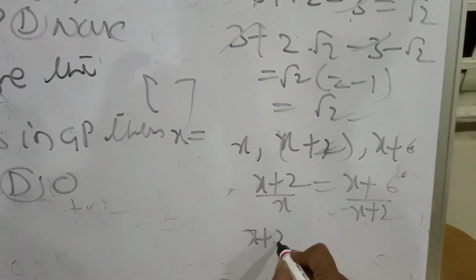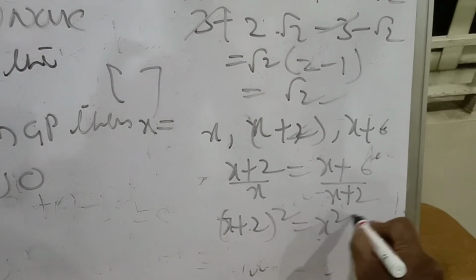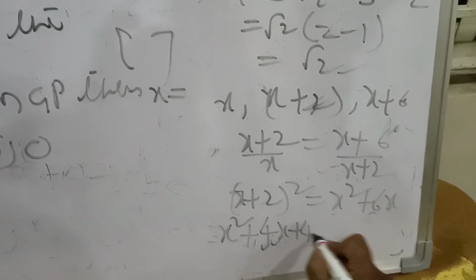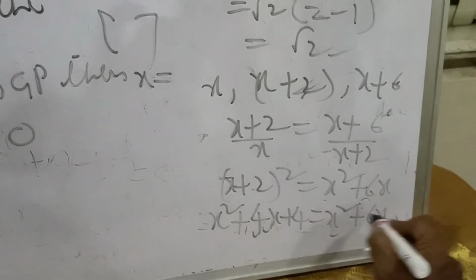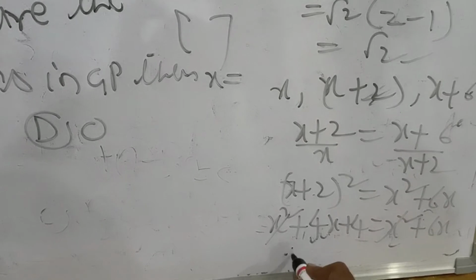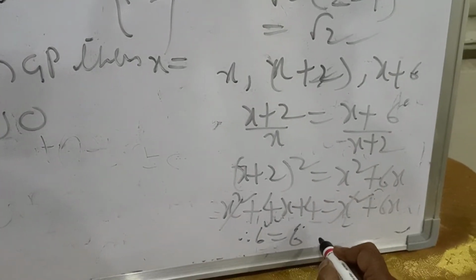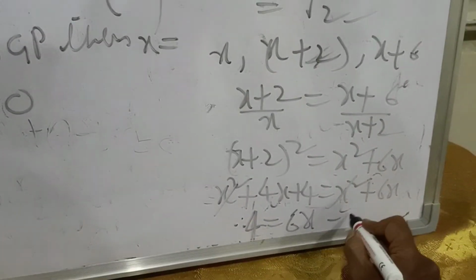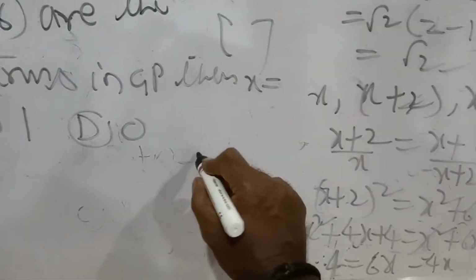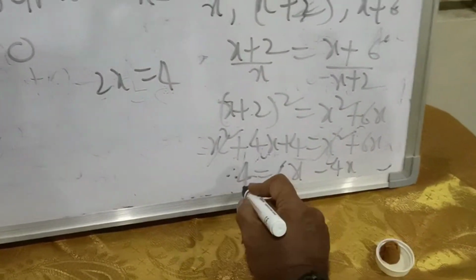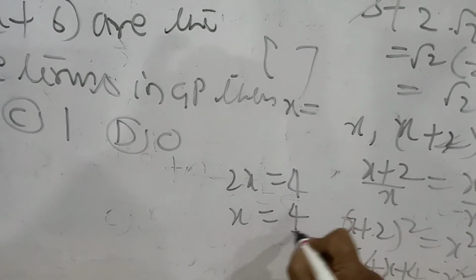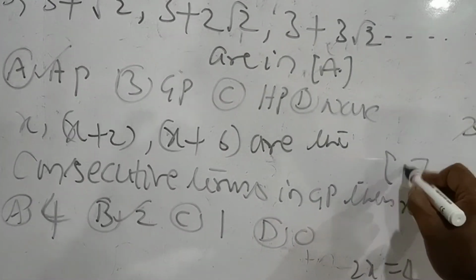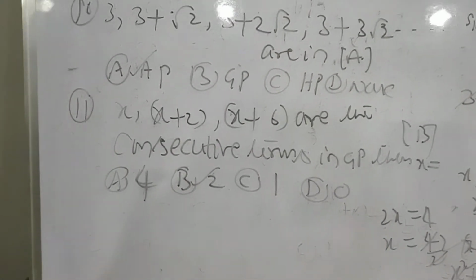On cross multiplication, you will get (x plus 2) whole square is equal to x into (x plus 6). x square plus 4x plus 4 is equal to x square plus 6x. x square cancels. 4 is equal to 6x minus 4x. 2x is equal to 4. x is equal to 2. So therefore the option is B. So if x, x plus 2 and x plus 6 are in GP, then x is equal to 2.